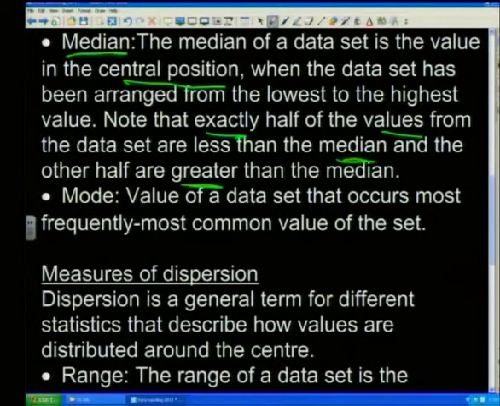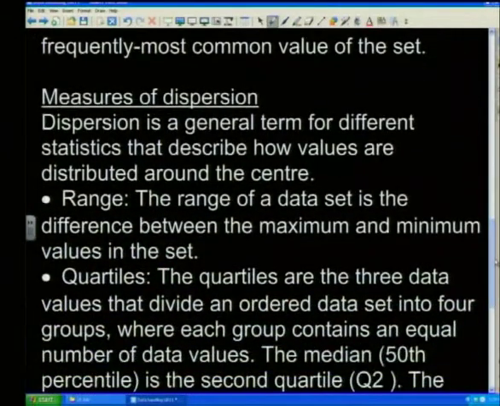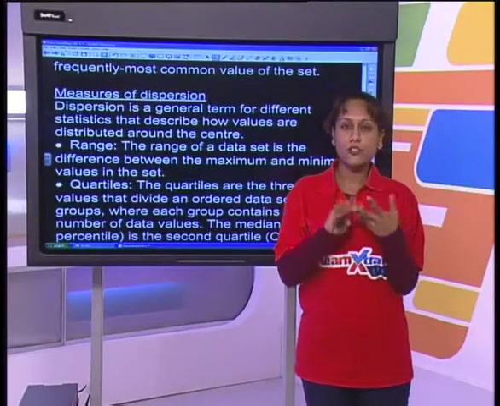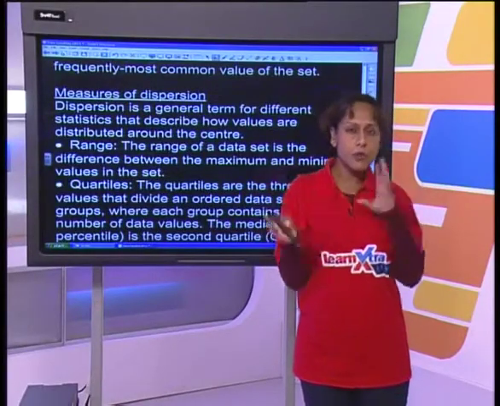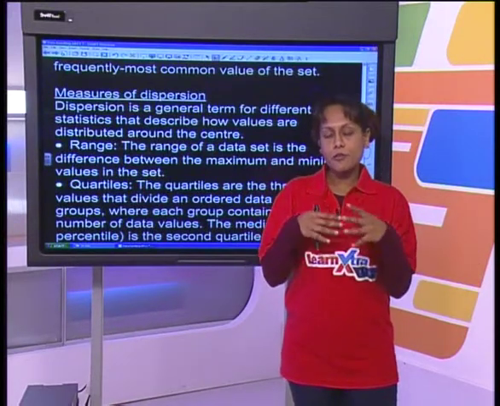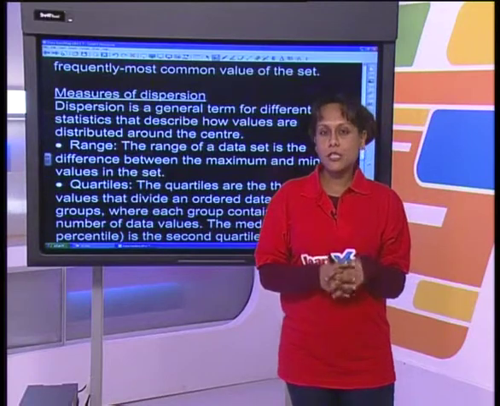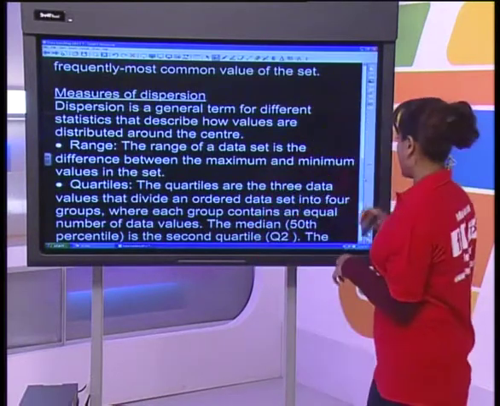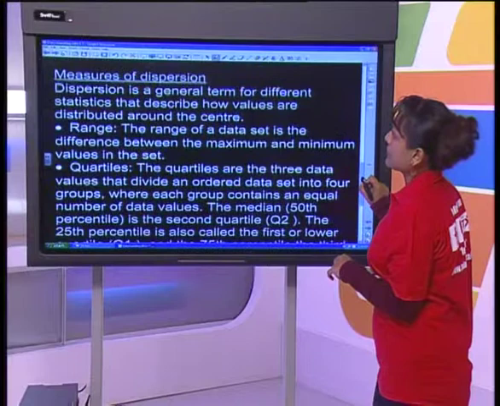Those were just a reminder of your measures of central tendency. There we were looking at your mean, your mode, and your median. You will hopefully remember all of this from grade 10. Now, in grade 11, a very important thing that you look at is measures of dispersion. What are measures of dispersion?